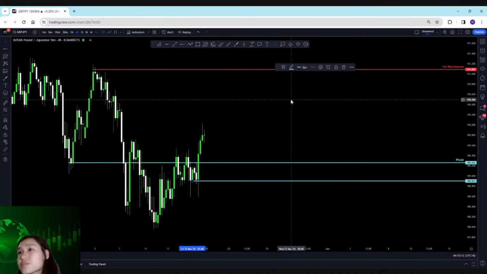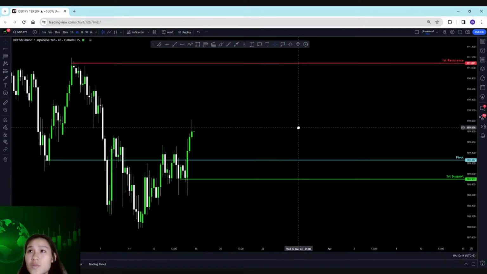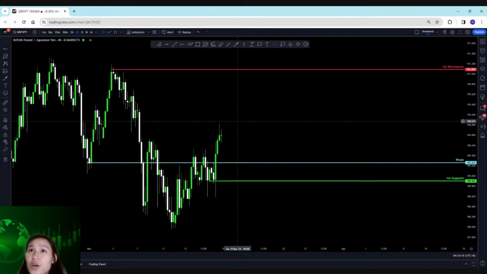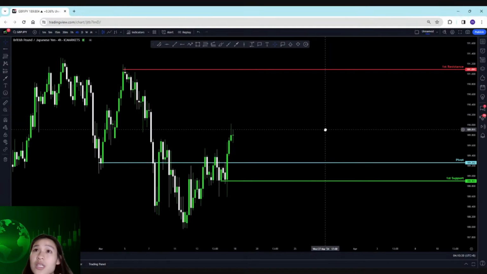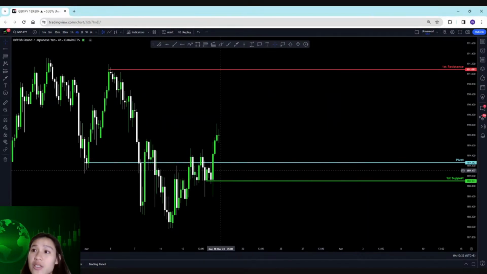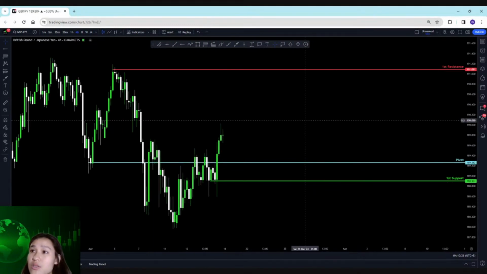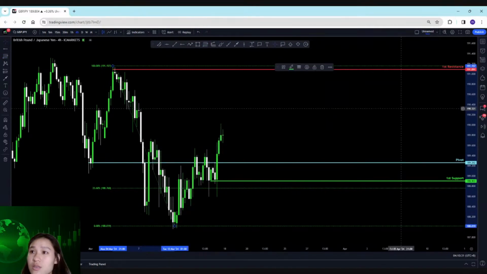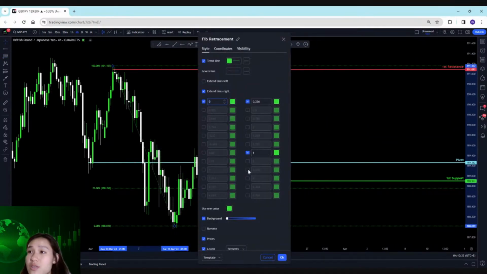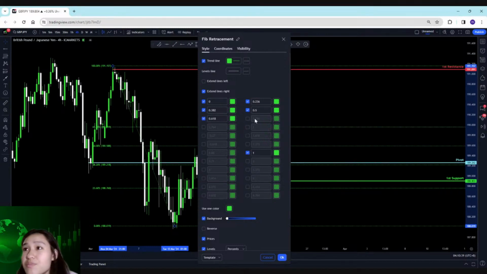Same thing. You can see from our daily time frame, it was moving in an uptrend. So similarly on our 4-hour time frame, you can see it is definitely moving in an uptrend as well. Let's pull out some Fibonacci levels to support this analysis. So starting off with our retracements, I'm going to start off with these 5 levels.